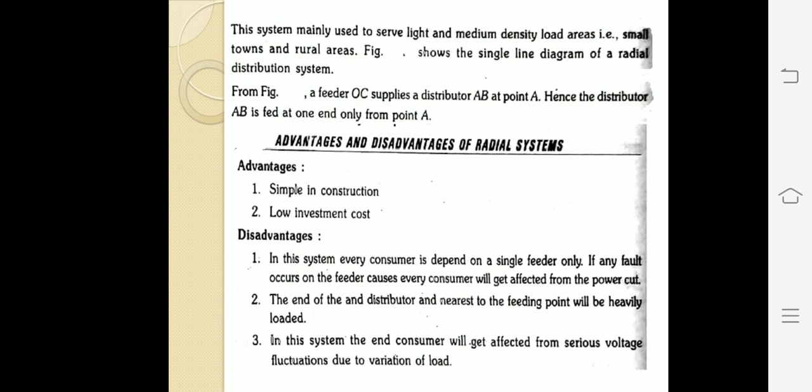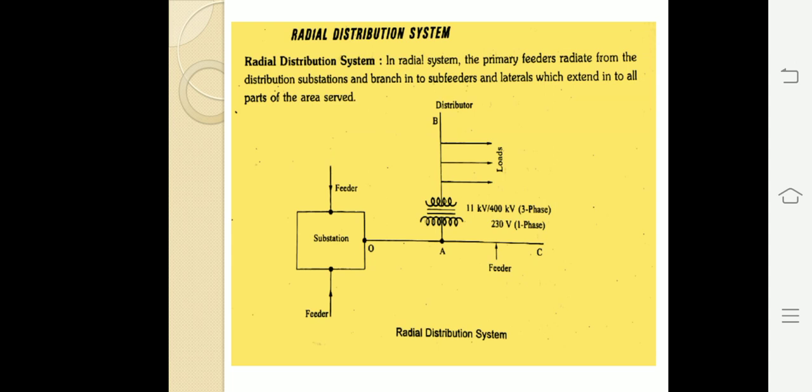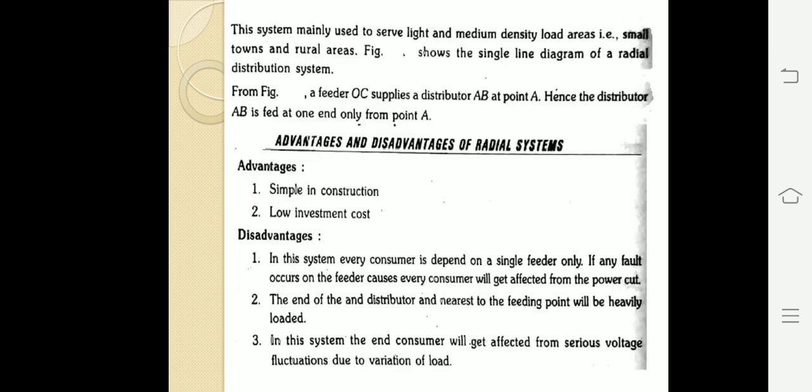See, from the figure, feeder OC supplies a distributor AB at point A. Hence, the distributor AB is fed at one end only. The feeder OA is connected to AB. That means this distributor is fed at one end only, that means point A itself.